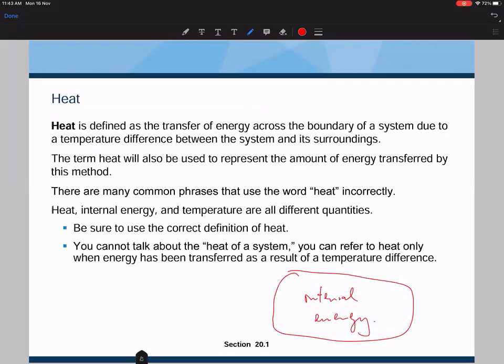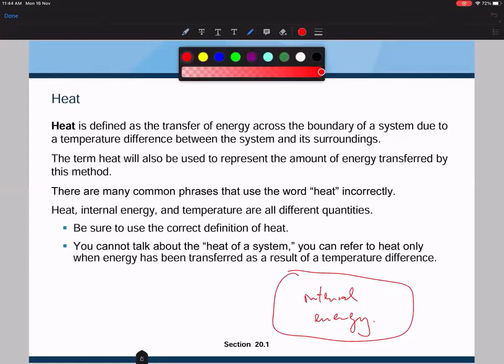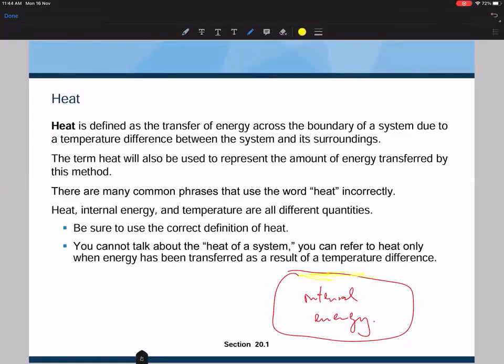You have to consider the boundary between the system and the surrounding. So there is a boundary between the system and the surrounding. Sorry for the poor handwriting. Surrounding.